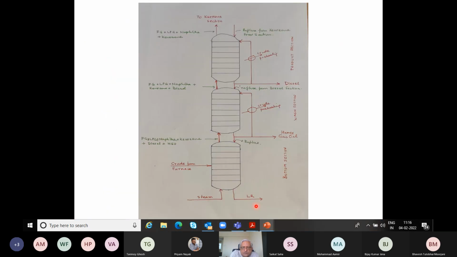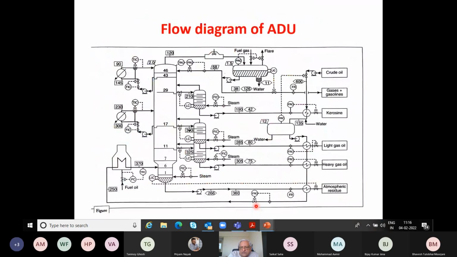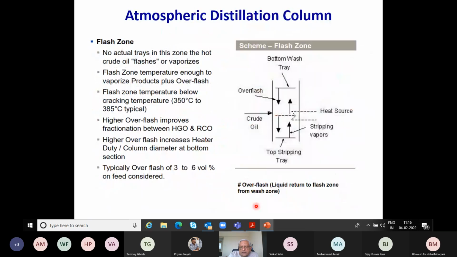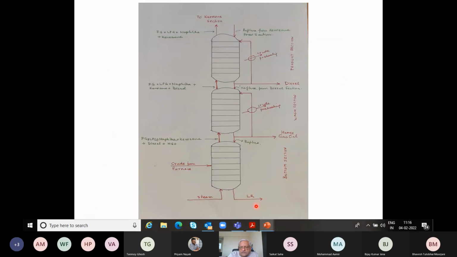Yesterday I drew a picture which perhaps would be easy for you to understand. If you remember this column, the structure of the column, more importantly where we are withdrawing the products, the way this column can be represented thermodynamically is that you have crude coming from the furnace.